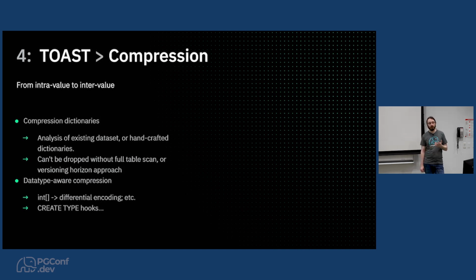If you know your integer array is already sorted, and if you could register that you would like to regulate the toasting of that column with differential encoding, you could probably get much better compression performance than what you get with, say, libc, zlib, or the PG native compression systems. One issue with that is, this would probably require new create type hooks, which I'll also talk about in the next slide.